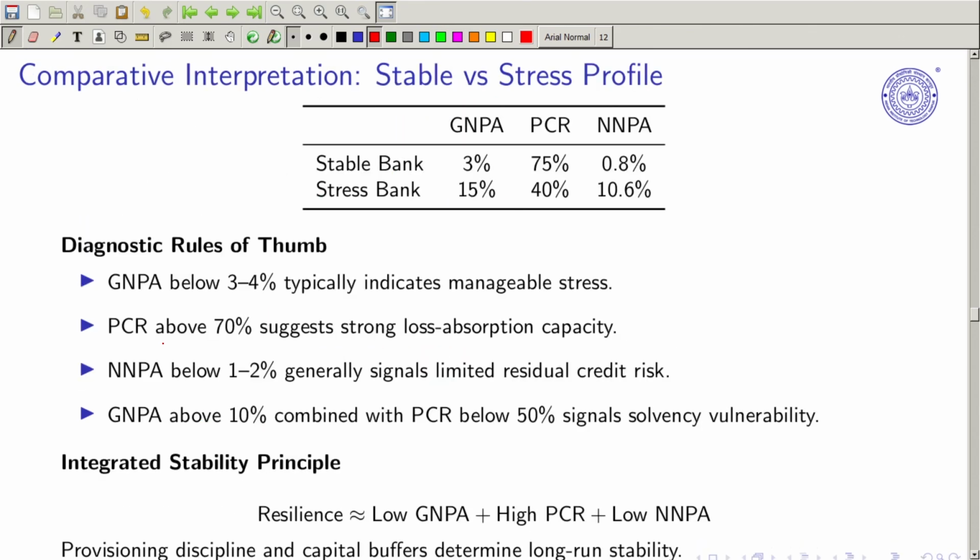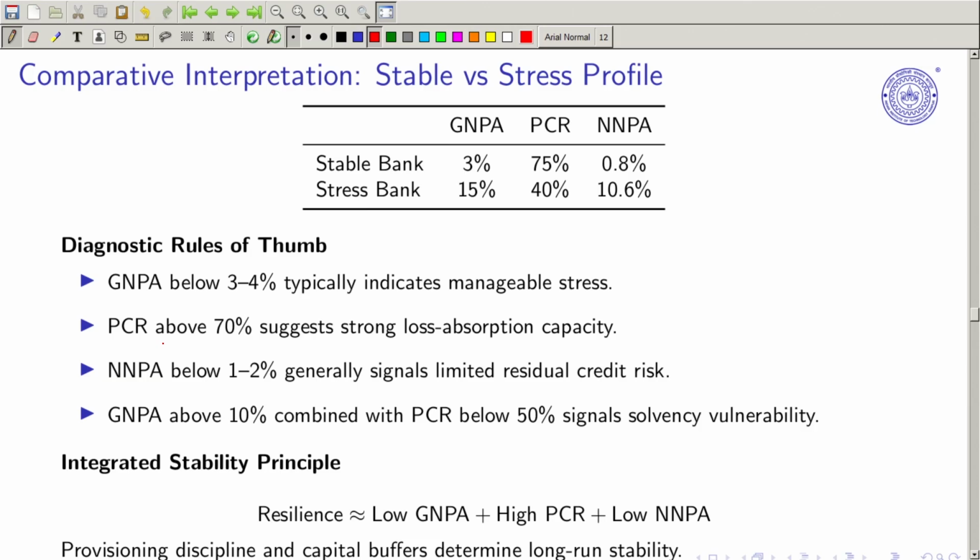If I have to explain the comparative interpretation, stable versus stress profile, you can see that the first case is the stable bank case, where GNPA is just 3%, PCR is 75%, and the net NPA is just 0.8%. What does it imply? Though the GNPA is 3%, the provision coverage ratio is 75%, which is very good.